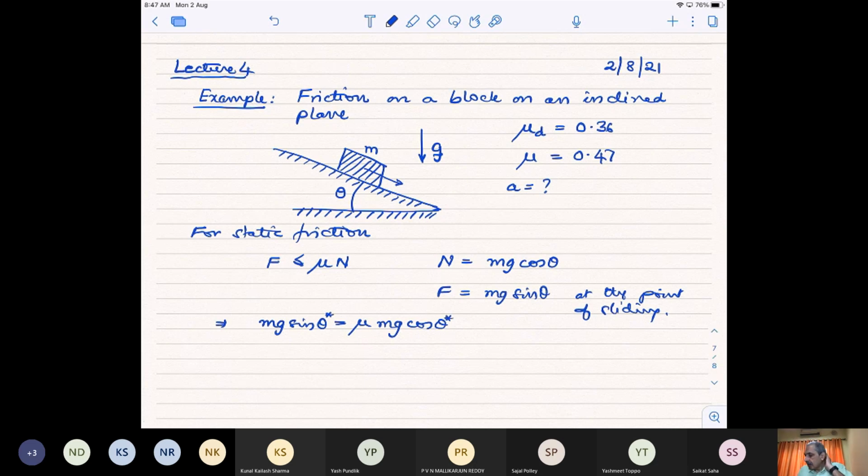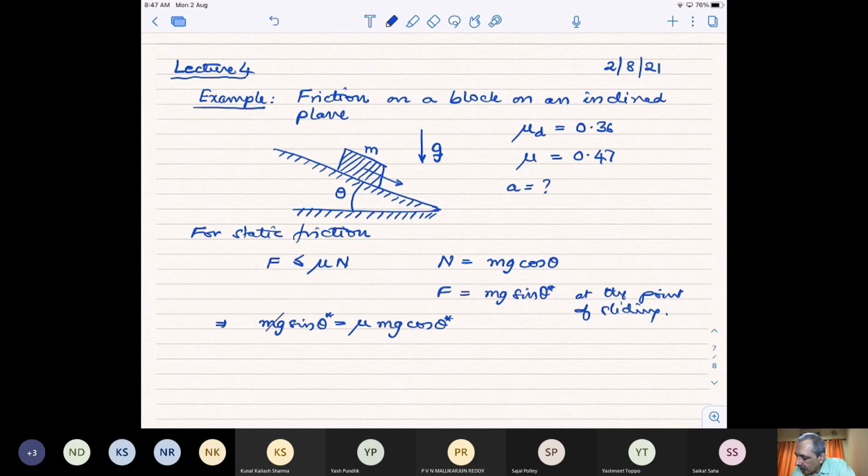So this is the angle just at the point of sliding. Okay, so these two are not equal otherwise. F will always be less than this. At that point, it will be equal.